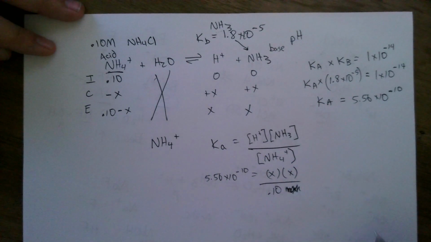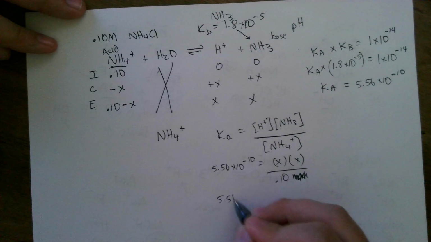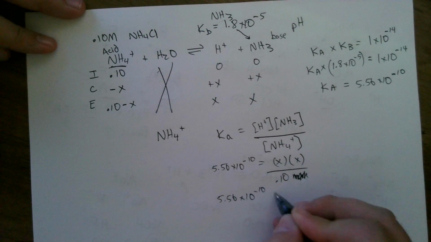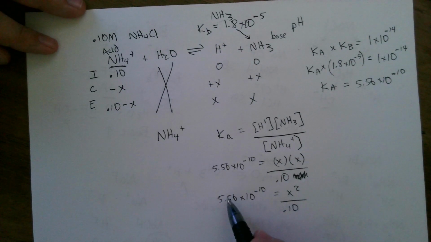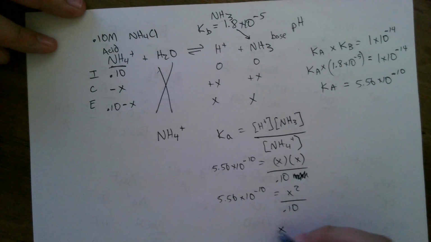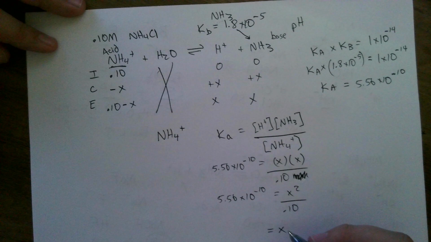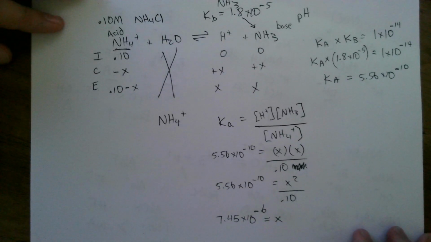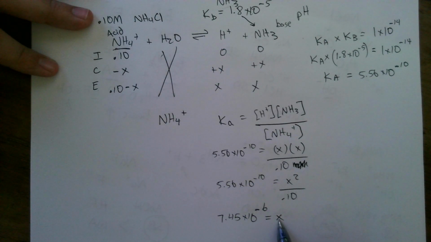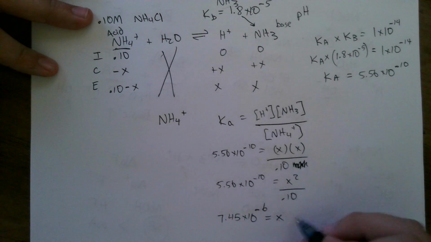So I get that out of here. Equals x squared over 0.10. Multiply by 0.10, take the square root. X is going to be a pretty small number this time. 7.45 times 10 to the minus 6. That is x, which also tells us H plus concentration.